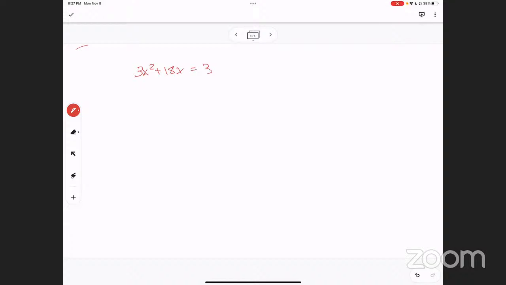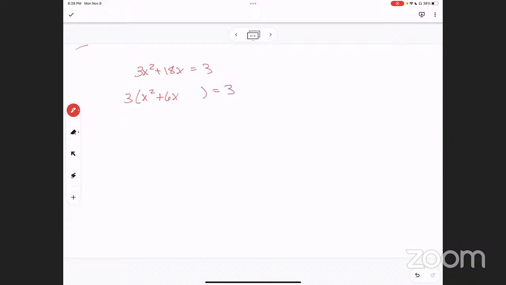Yeah, there is actually. So it would be 3x squared plus 6x equals 3. Yeah, we're going to leave it like that, and we're going to say equals 3.